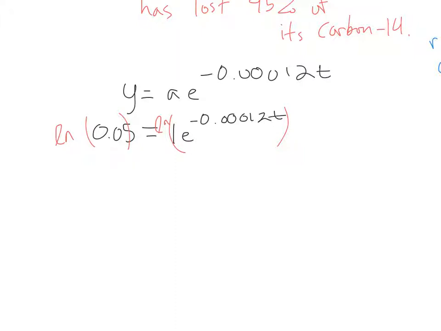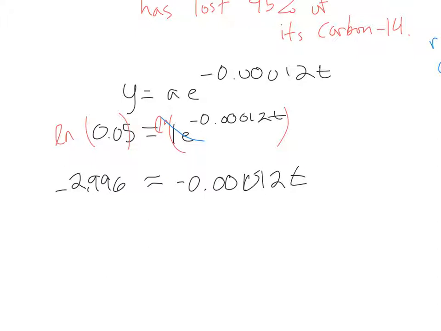You get ln of 0.05, and when you type that into your calculator, it's about negative 2.996, and that's approximately equal to, well, what happens with natural log and our base e? Those things cancel out, and we can bring down our exponent. Awesome. So now it just becomes a matter of solving for t.